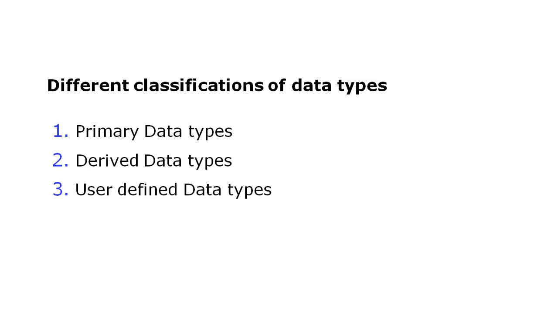These are the different classifications of data types: primary, derived, and user defined.